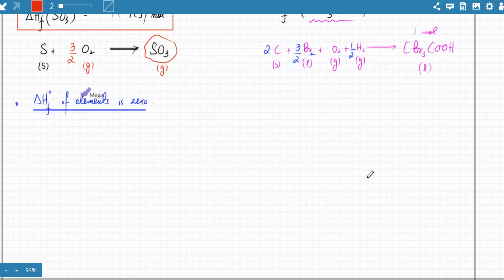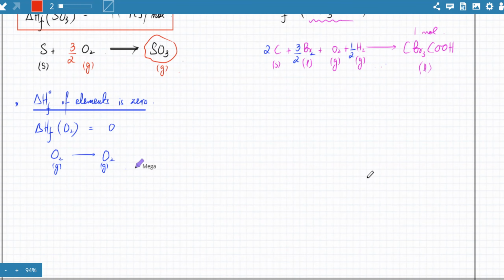For example, if somebody is talking about the enthalpy of formation of an element like O2, then why is it zero? Because by definition, you're going to form 1 mole of O2 from its constituent element, which is also oxygen, and the element should be in its standard state, which is O2. So you're basically not doing anything. So since you're not doing anything, the enthalpy of formation of elements is going to be zero.